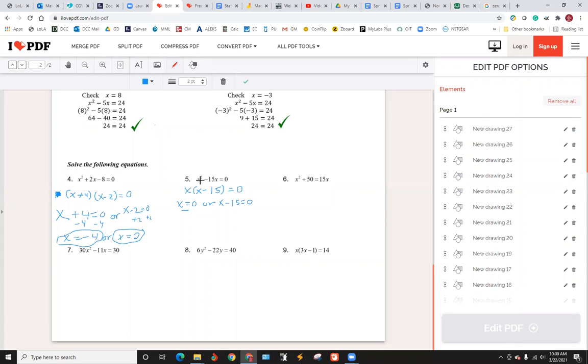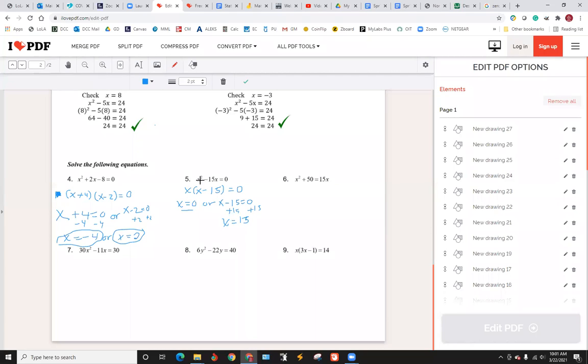And you can see that it works because 0 squared is 0, and then 15 times 0 is 0, 0 minus 0 is 0. So on this one, all right.